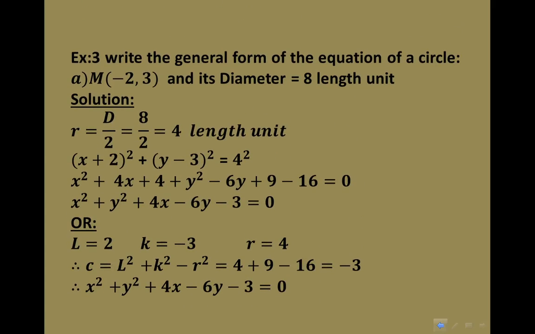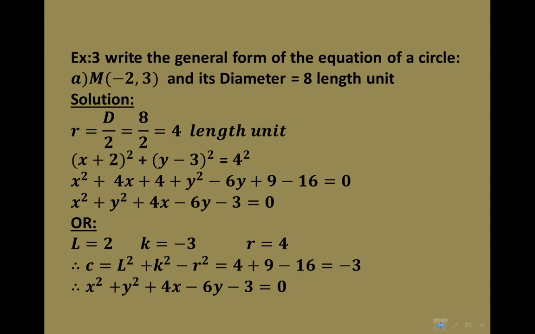Write the general form of the equation of a circle whose center M equals negative 2, 3, and its diameter equals 8 length units. Since the diameter equals 8, therefore the radius equals 8 divided by 2 equals 4.